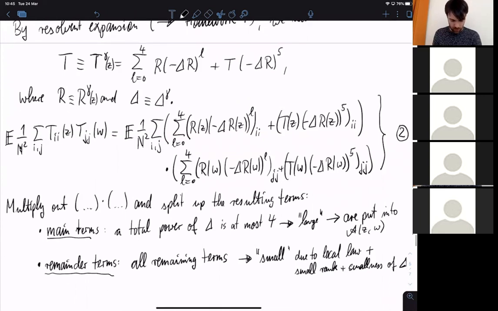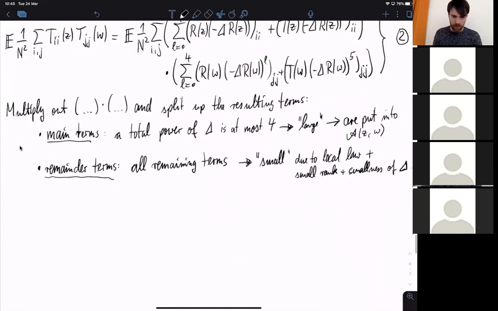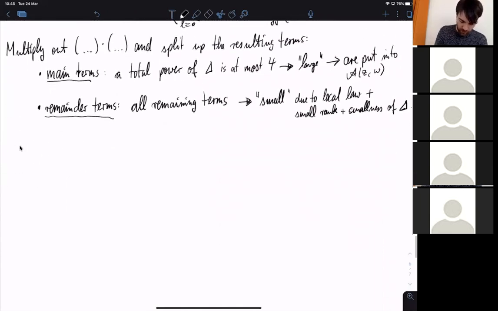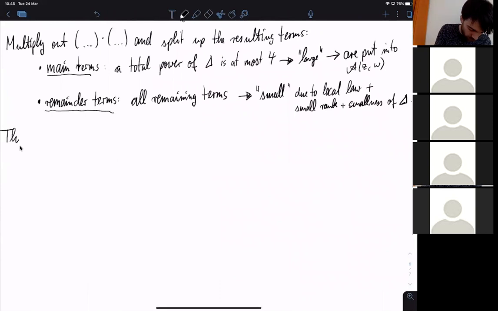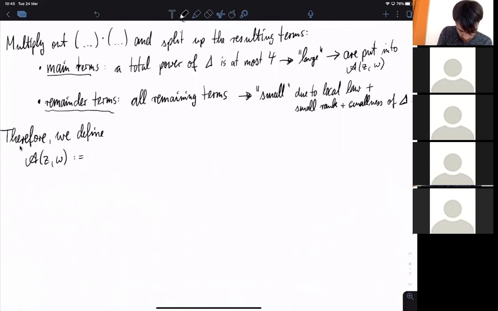And so now let's make this more precise, by really defining what I mean, what the A should be in a formal way. So we define A of Z and W as follows. So it's 1 over n squared, then I and j. And now I have an L1 and an L2.